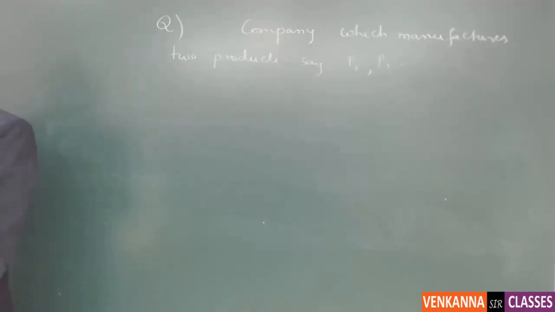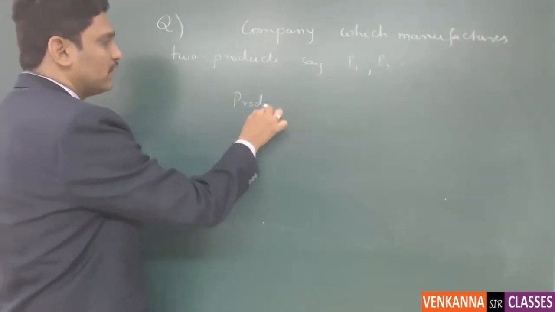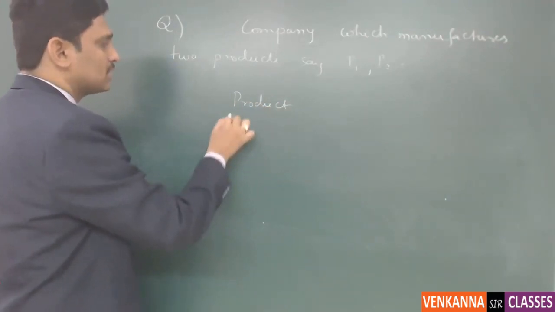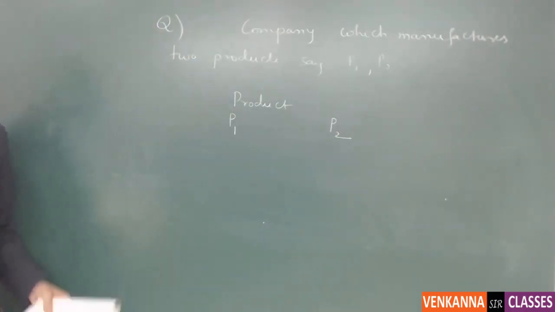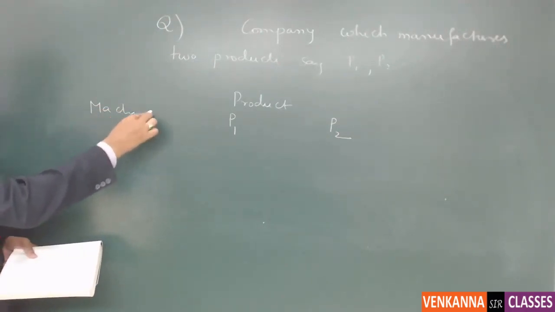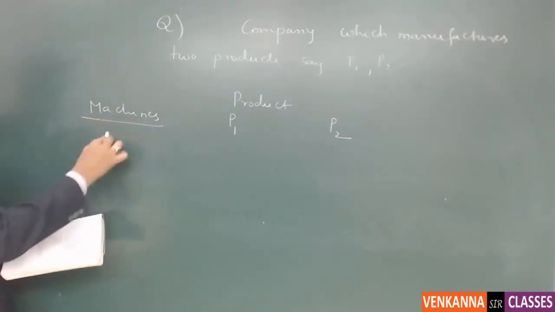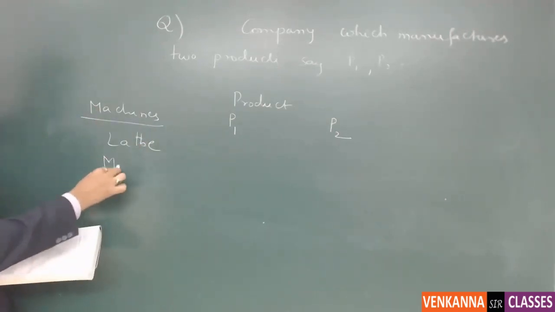Here I am going to give the details of the machinery as well as the process. This is the tabular data given for it. Products P1 and P2 have to go through two machines. The first one is the lathe machine, another one is the milling machine.